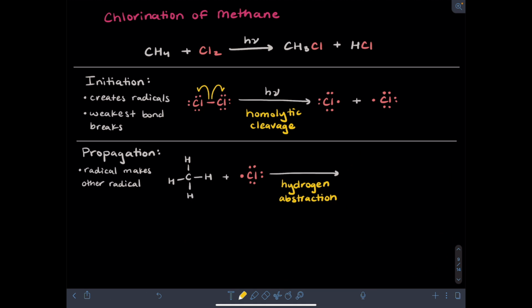This hydrogen abstraction will involve 3 curved arrows, one from the chlorine radical, and one from the CH bond meeting together to form a new bond, and a third one from the CH bond to carbon. This hydrogen abstraction forms the new HCl bond, and it creates a methyl radical.